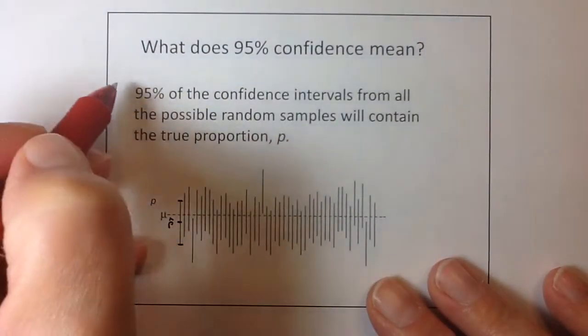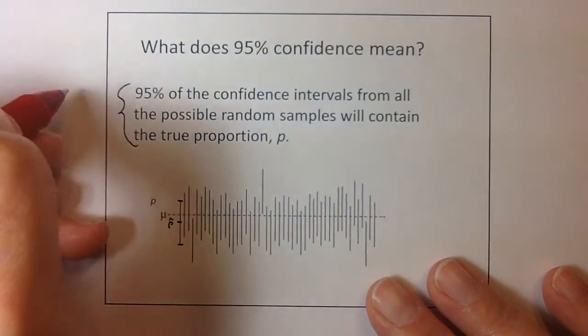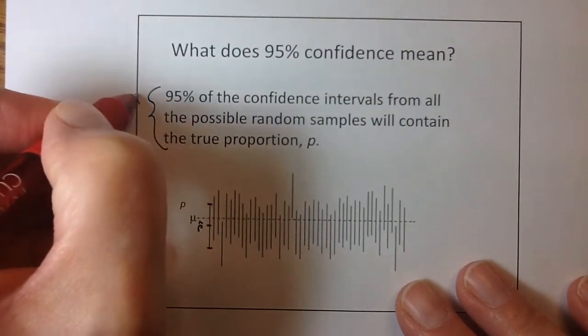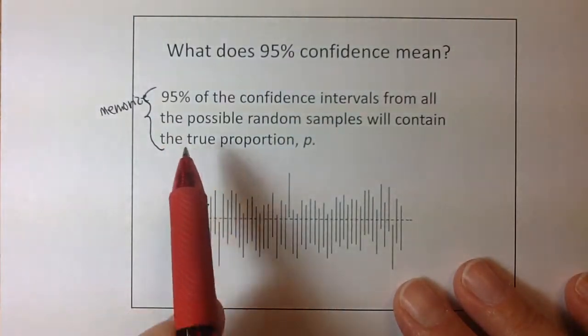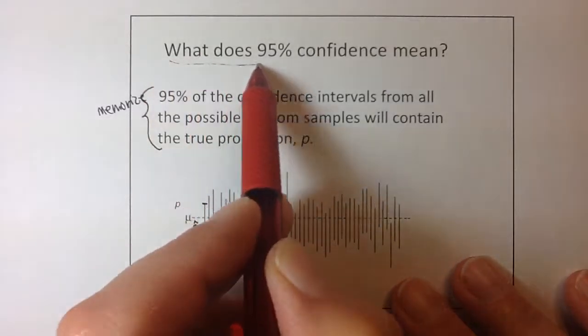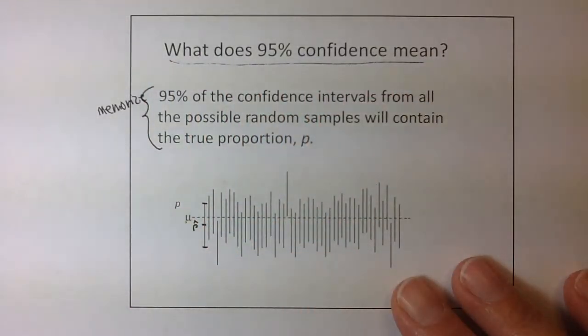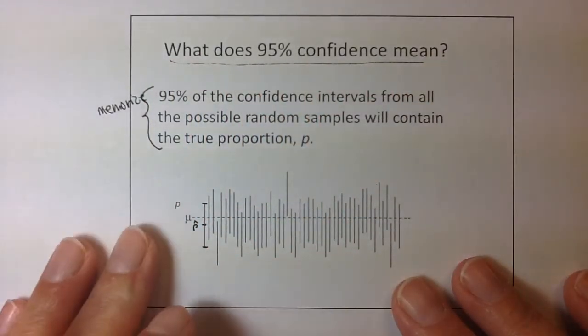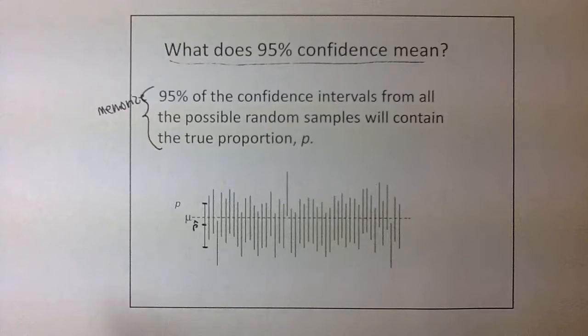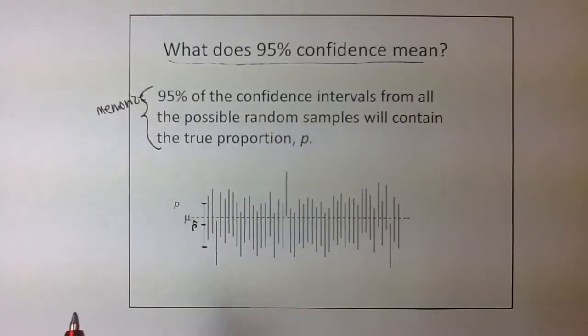Okay, so this statement here, let's try to commit this statement to memory, because that's what you're going to have to spit out every time you're asked this question. You'll run into that in a couple of homework problems, and you just need to be able to spit out that statement.